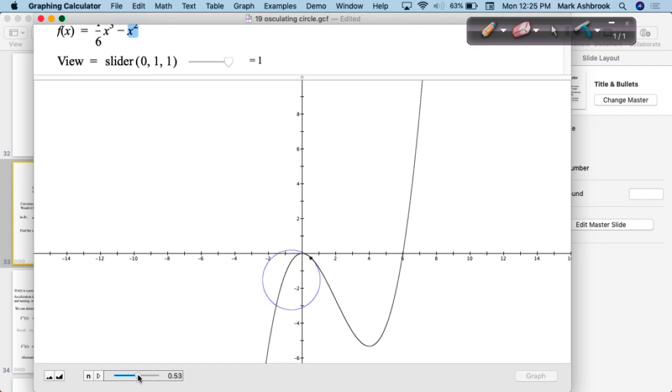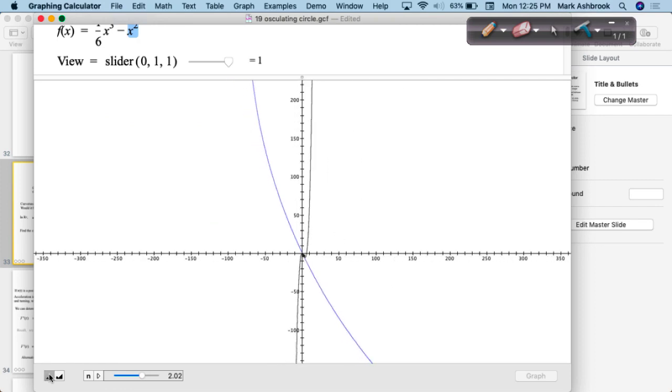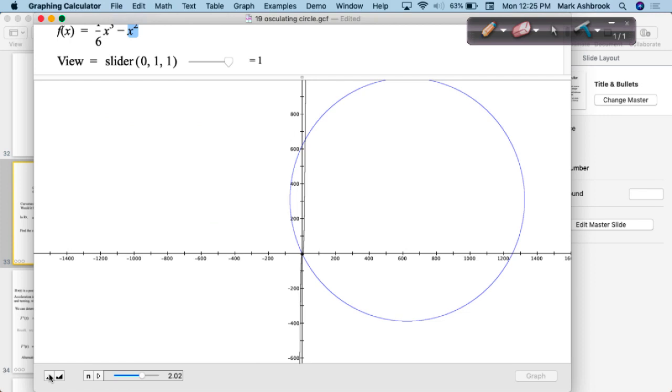And then as I move away, what happens? It gets big, and then it gets really big. Now it's still a circle, I'm not quite at the inflection point yet. Watch. So that's the osculating circle.